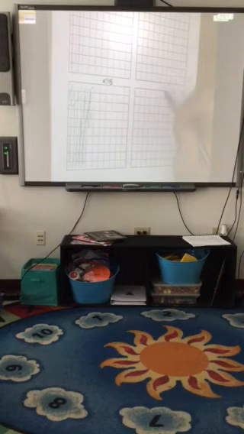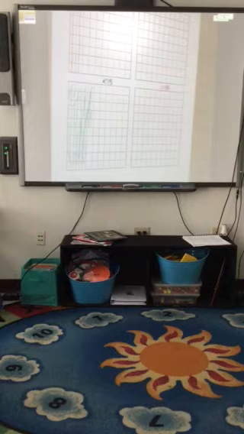You want to color that in, you can. And then on this one, let's do 0.05, I'm sorry, 5 hundredths. And of course, this is going to be 5 out of 100.